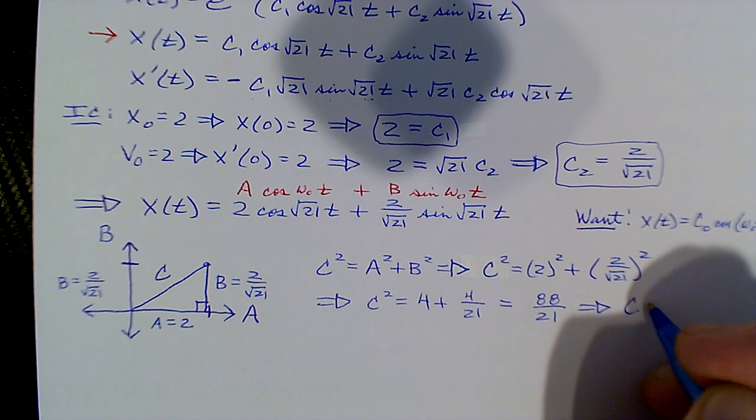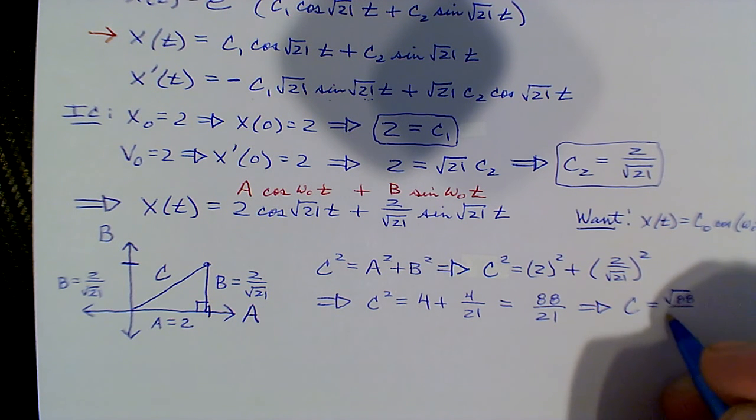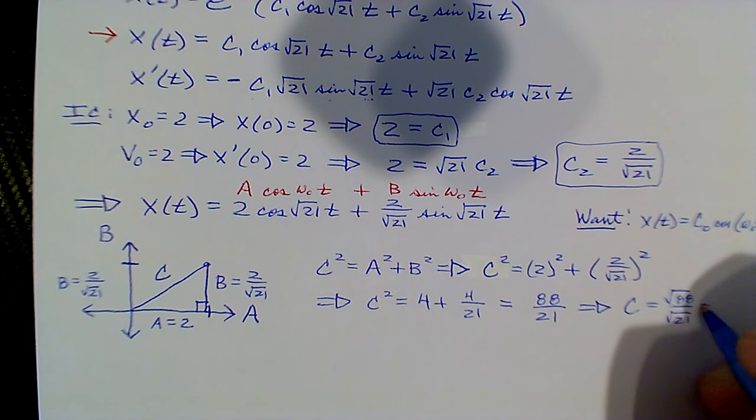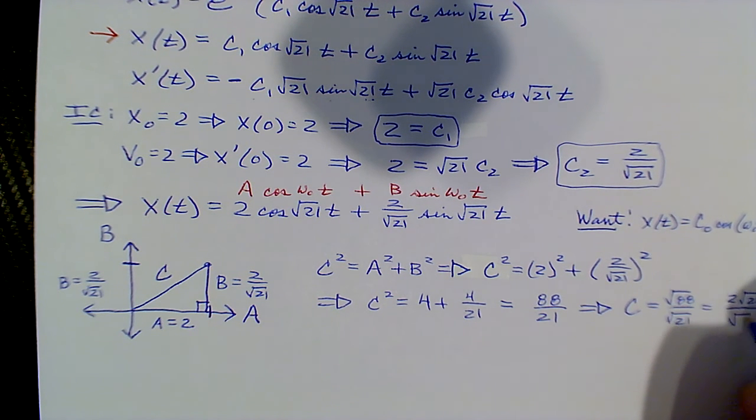So then C is, remember C is always positive. It's going to be the square root of 88 over the square root of 21. But then we could factor out the square root of 4, which is 2, and we'll be left with 2 square root of 22 over the square root of 21.